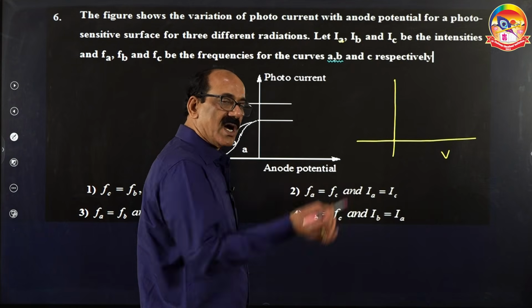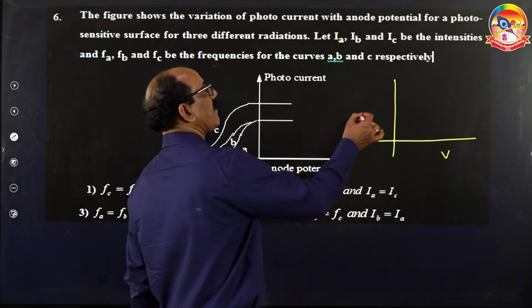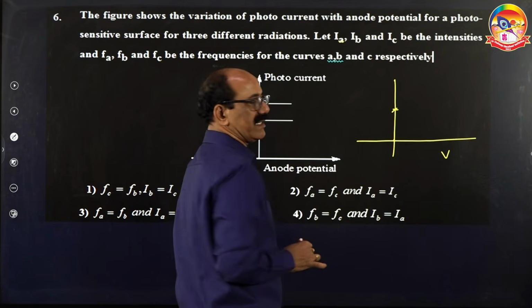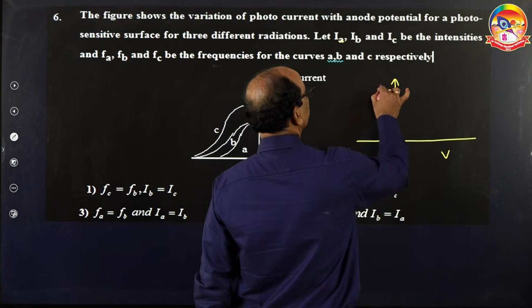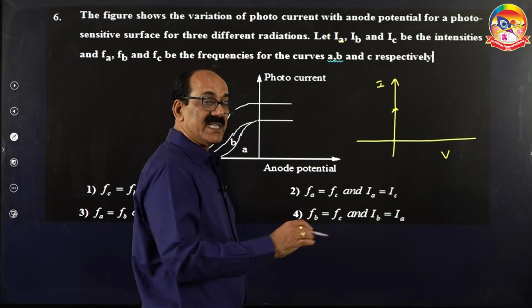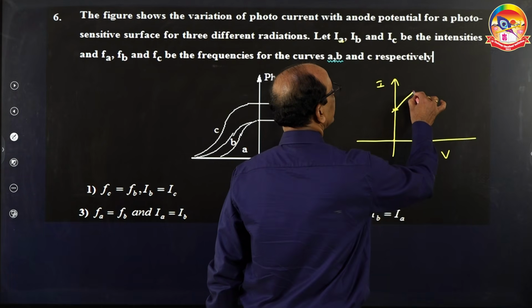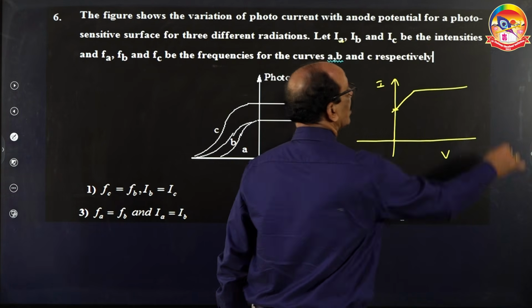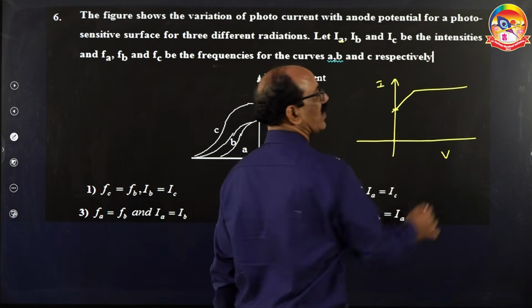So even if you do not apply any potential to the collector, some electrons will reach the collector, and therefore this photocurrent will have a certain value. If you go on increasing the applied potential, they get accelerated, so more and more photoelectrons reach the collector, and photocurrent goes on increasing and reaches a constant value. This is called saturation photocurrent.